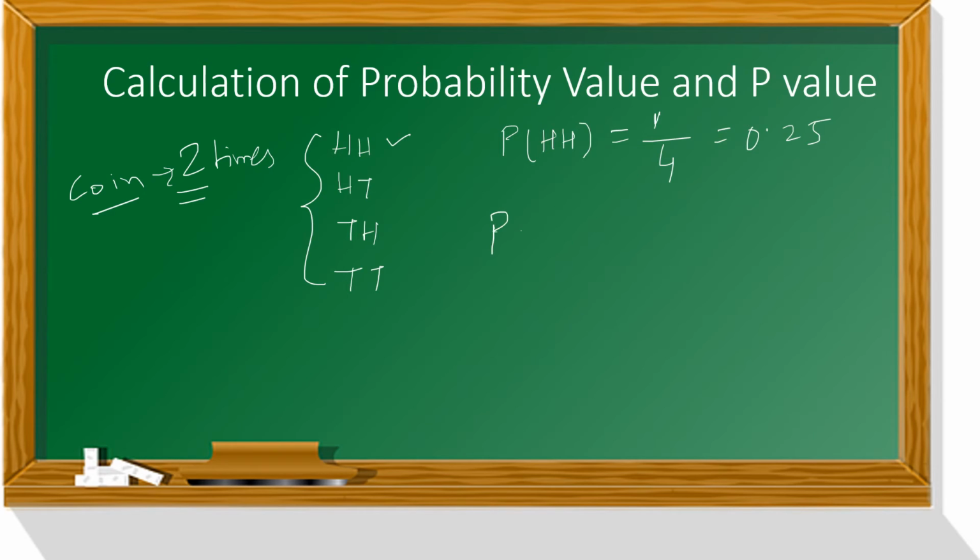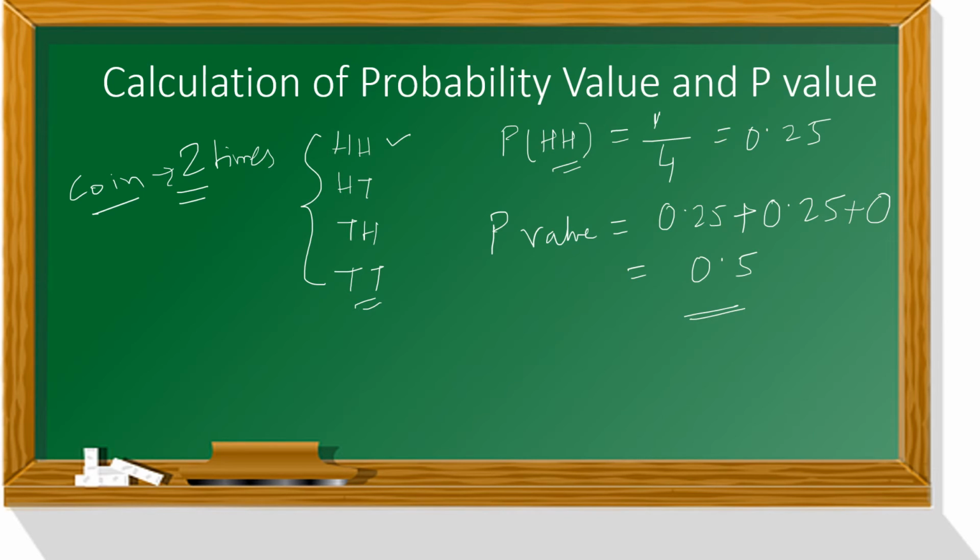If we want to calculate the p-value, we need to understand that it consists of three parts. The first part is the probability of the event we are interested in, which is 0.25, plus the probability of a similar event, which means two heads or two tails. The probability of getting two tails is also 0.25. And the probability of a rarer event: there is no rarer event, so that is 0. So the p-value in this case will be 0.5.